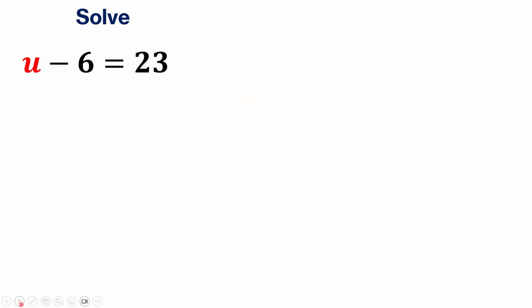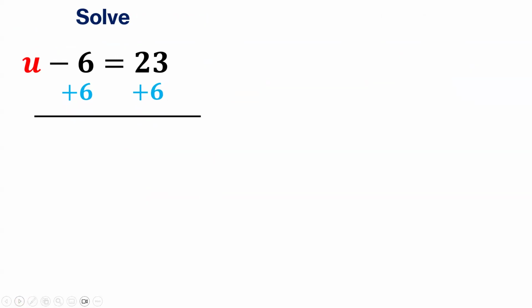Here, it's the same, but I subtracted 6 from the left-hand side. It's u minus 6, so it's a subtracted number on the left-hand side with the variable. To get rid of the subtracted 6, I will do the opposite operation, which is adding 6. So I will add 6, but make sure I will add it on the two sides like the balance scale, because I want to make it the same on the two sides.